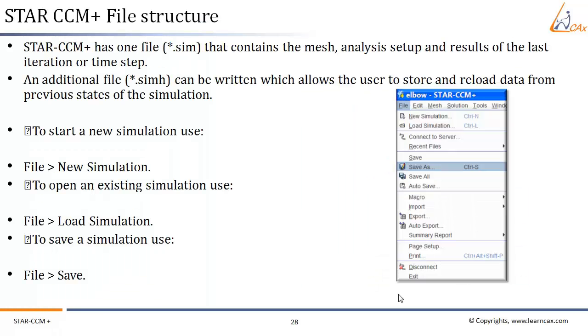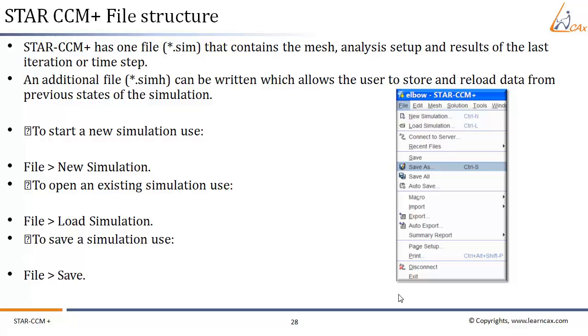Lastly, we will discuss the file structure of the software. STAR CCM+ has one file, which is the .sim file, and it contains the mesh, analysis setup and results of the last iteration or time step. An additional file, the .simh file, can be written which allows the user to store and reload data from previous states of the simulation.